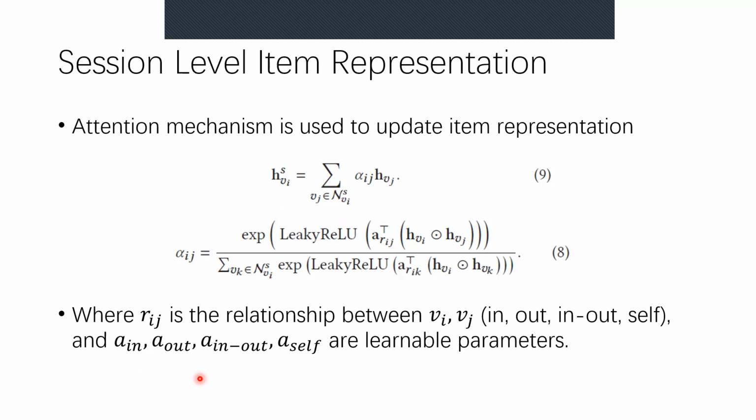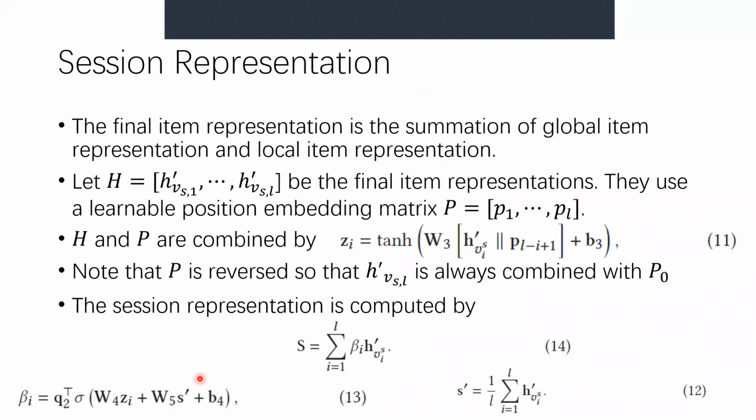Once they have both the global level item representation and the session level representation, the final item representation is the summation of these two. Let H be the final item representations. They use a learnable position embedding matrix P to distinguish the order of the items, and H and P are combined by this formula.